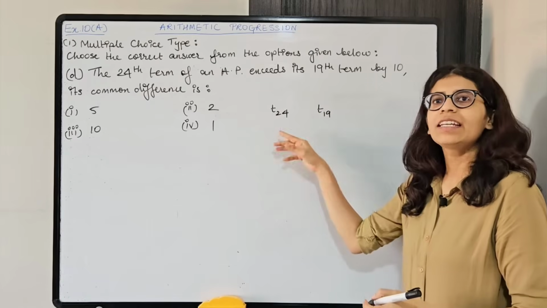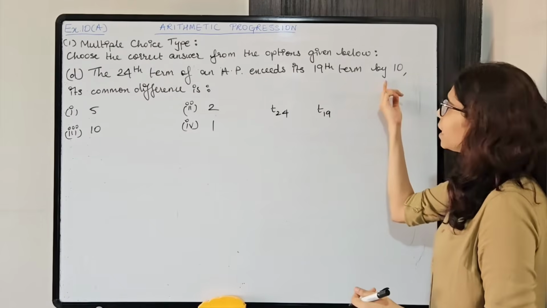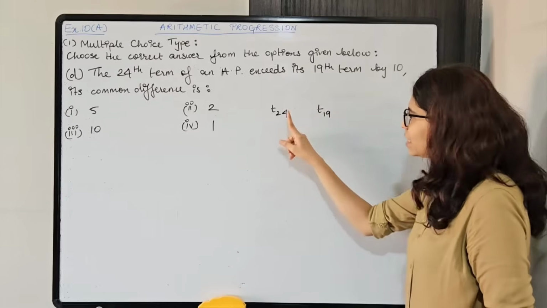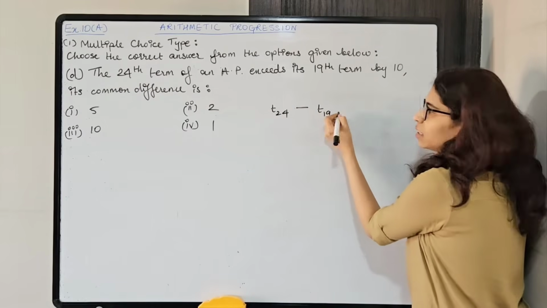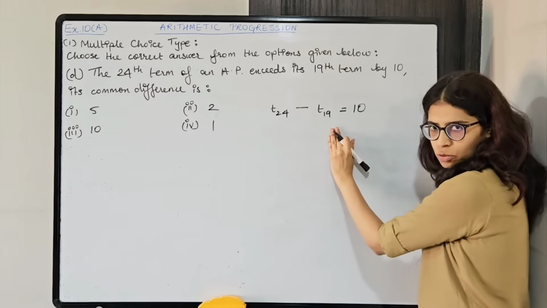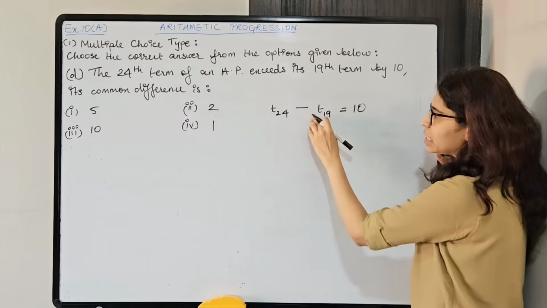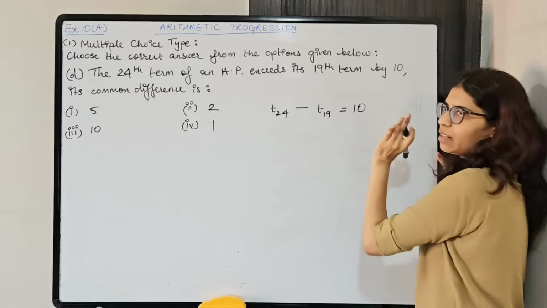The 24th term is exceeding, that is, it is more than the 19th term by 10. So the difference between the two is 10. So I can say T24 minus T19 is equal to 10. The greater comes first, then the smaller.